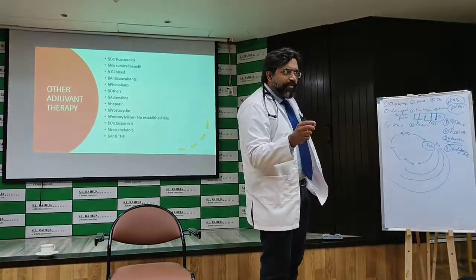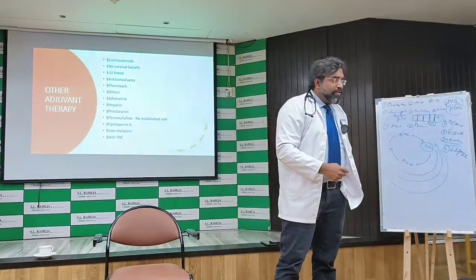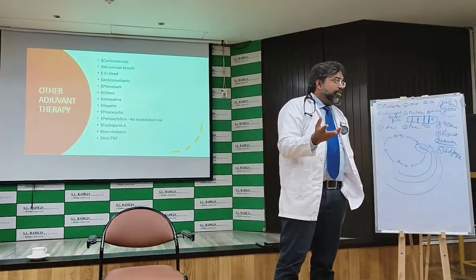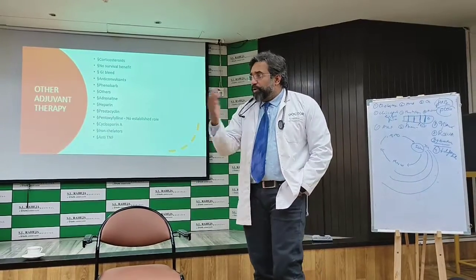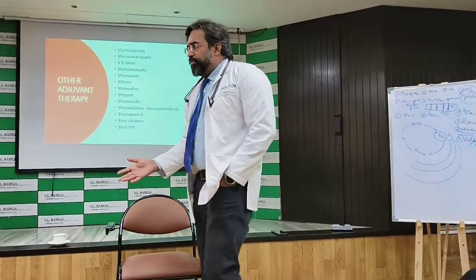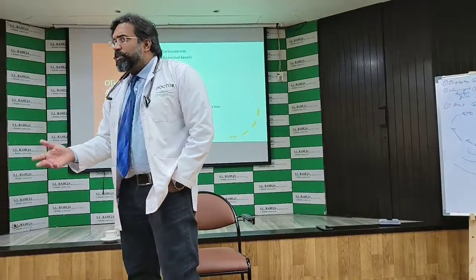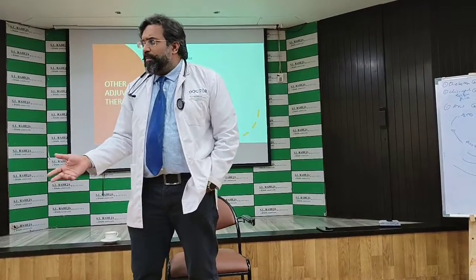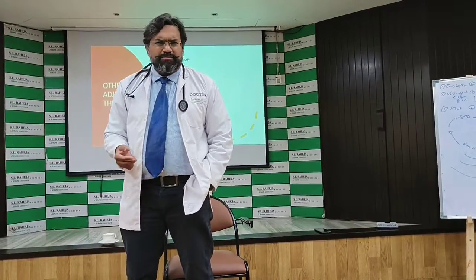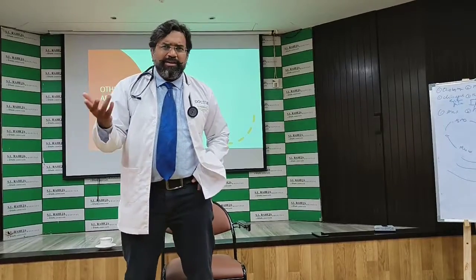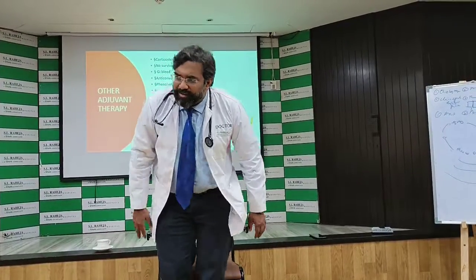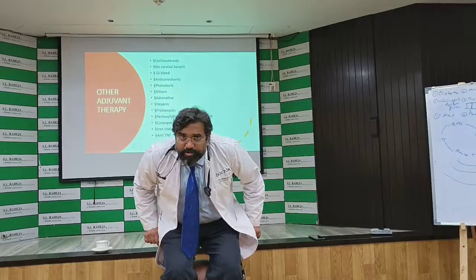So I am worried about the fact that there are schizonts, because there is a possibility that on rupture, merozoites will be released and then that will populate more. The cycle will keep on happening. But if they say I am seeing ring forms or I am seeing gametocytes, I'm okay. I know this is something that I can easily take care of. Clear on this? That's the importance of peripheral smear.